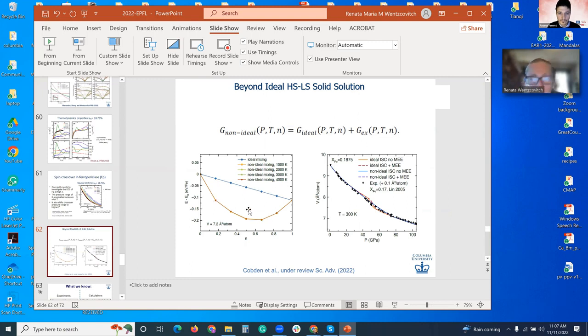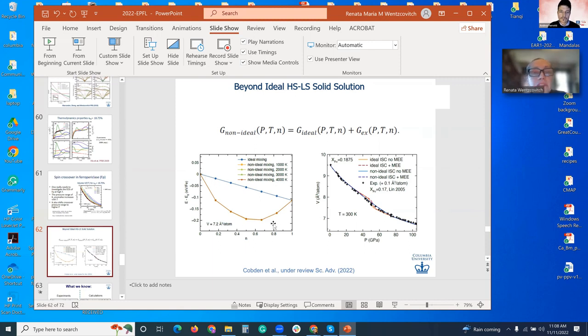This is truly non-ideal solid solution, okay? And this is the Boltzmann average of all these configurations that you get. It doesn't vary much with temperature. It's really a function of n. This is the interaction between high spin and low spin iron.